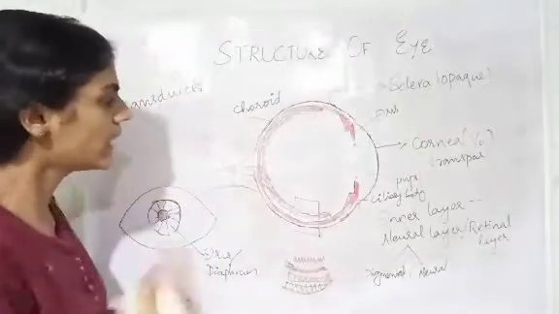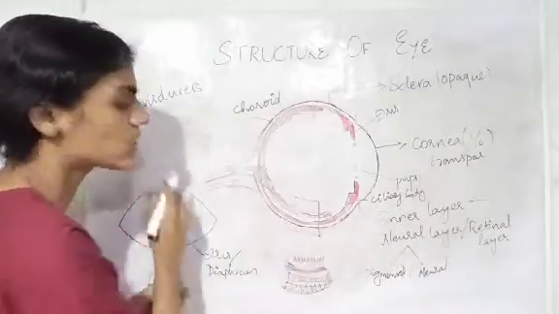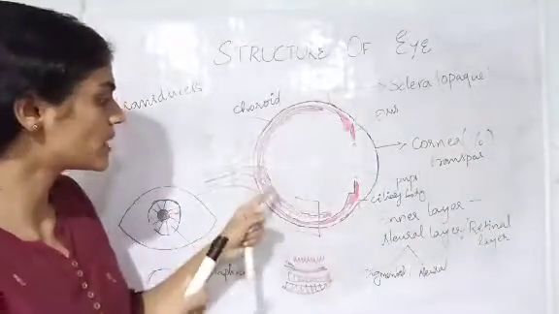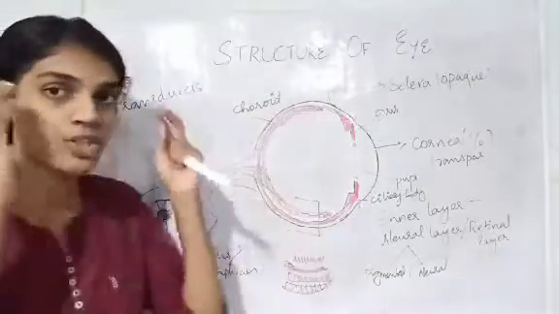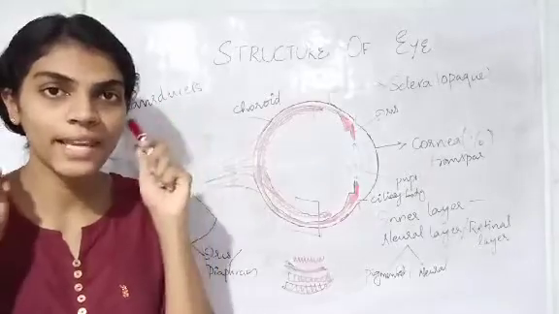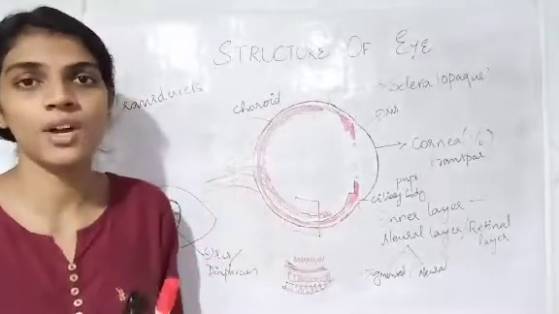And these nerves will go through the optical disc to the brain. So these impulses generated in the neural layer are transmitted into the brain. This information has to be conveyed to the brain so that only then can you recognize the object.